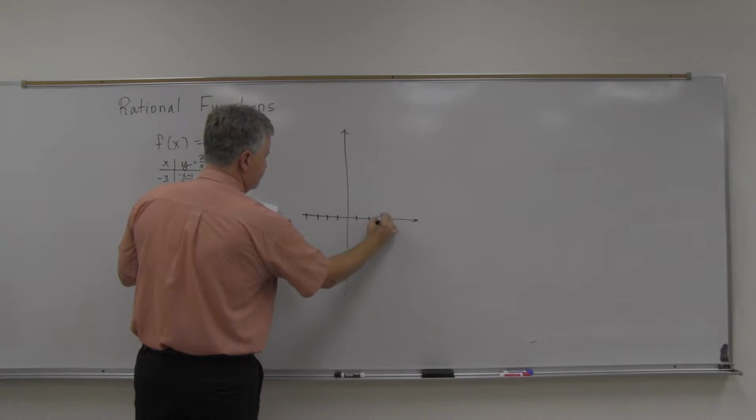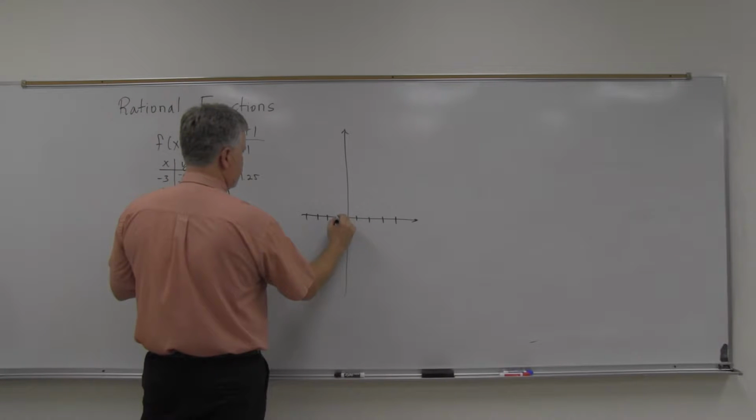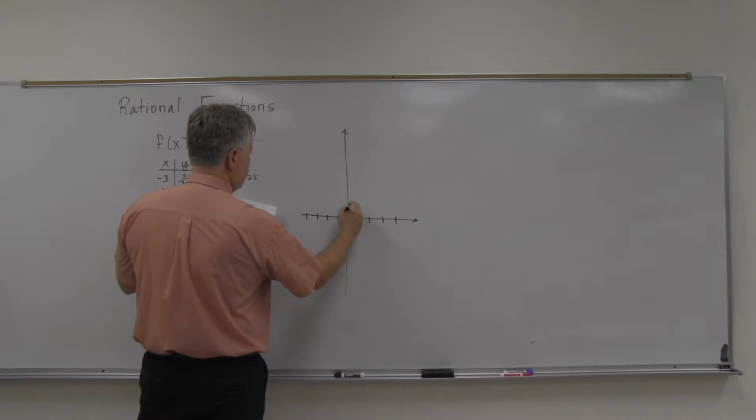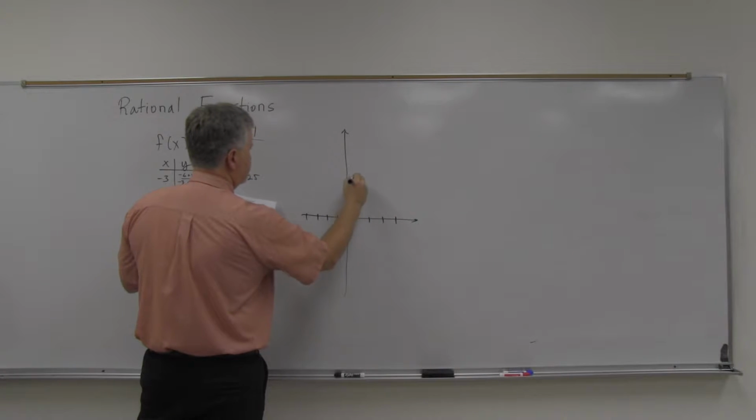Try to reproduce it. Putting those on, so -3, 1 1/4, oops, multiply by 5, 10, 15, 20, these are 2's.